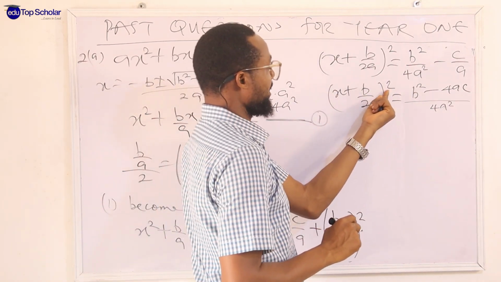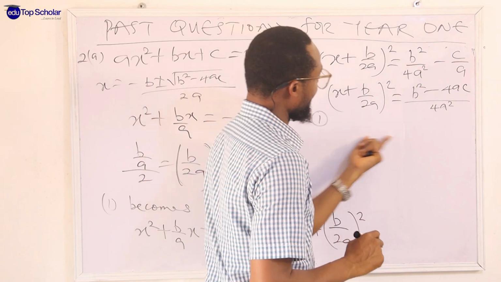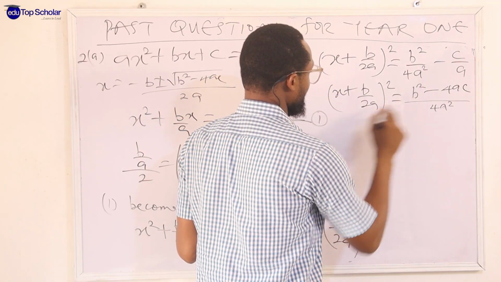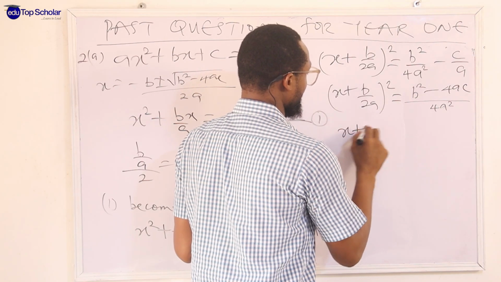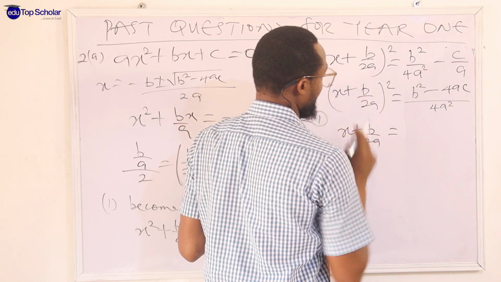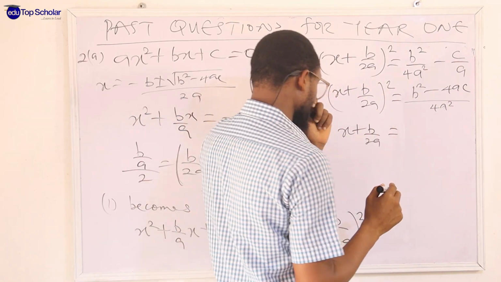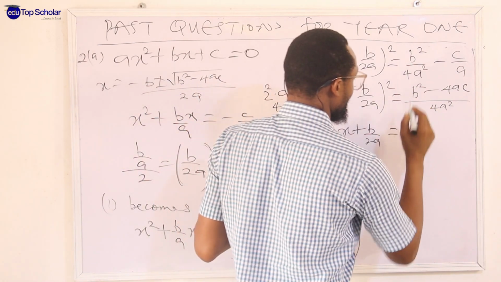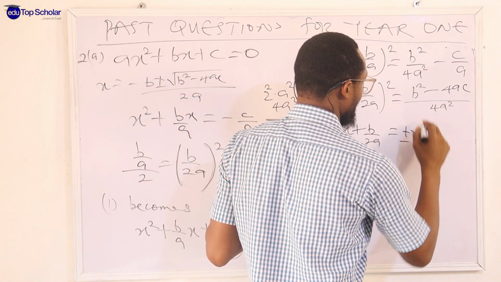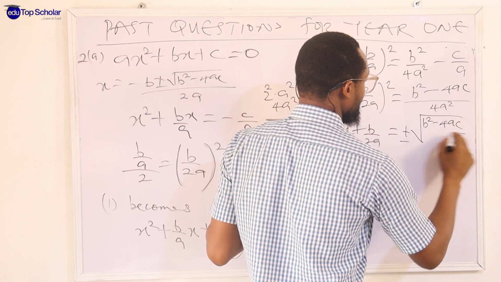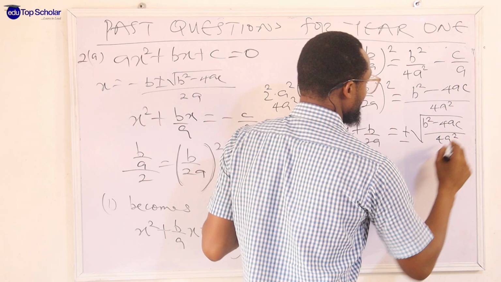I have to first take care of this square by taking the square root of both sides. Finding the square root of both sides gives x plus b over 2a, because it implies multiplying that power by half. That's the meaning. So we now have plus or minus root b squared minus 4ac over 4a squared.